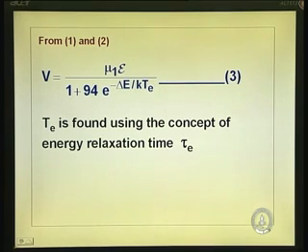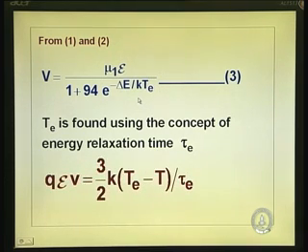Now, I can find the velocity versus electric field from this equation. This is the equation that I must use. Te is the unknown quantity. You find out Te by using this equation. What is this equation?